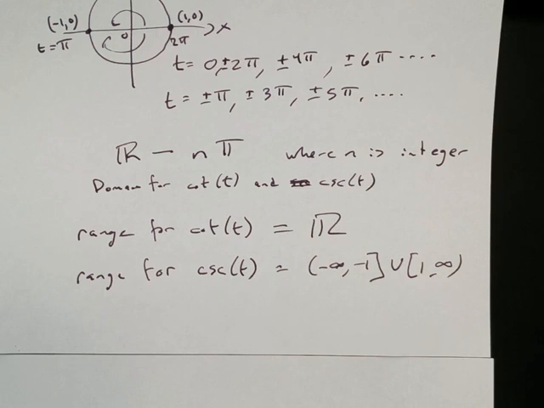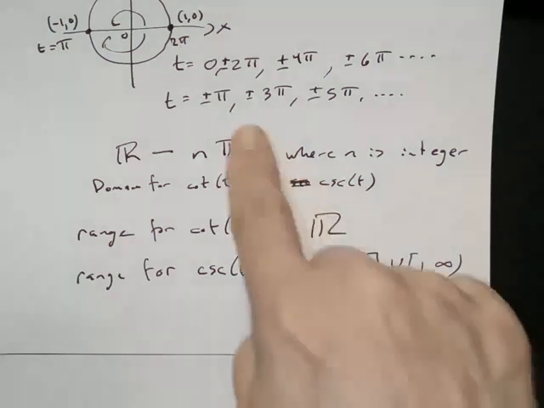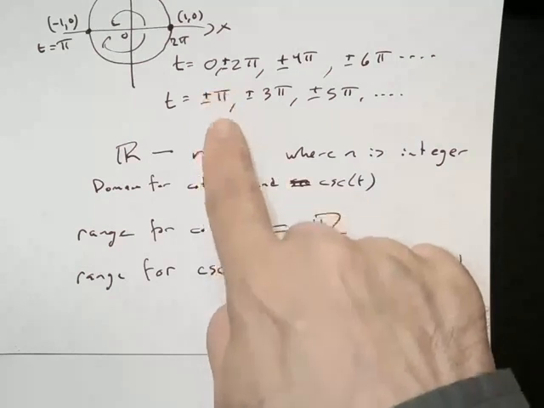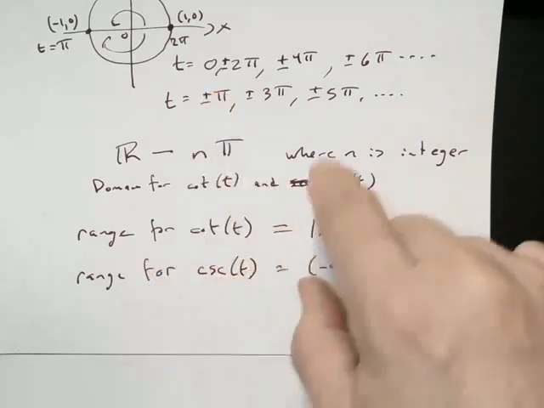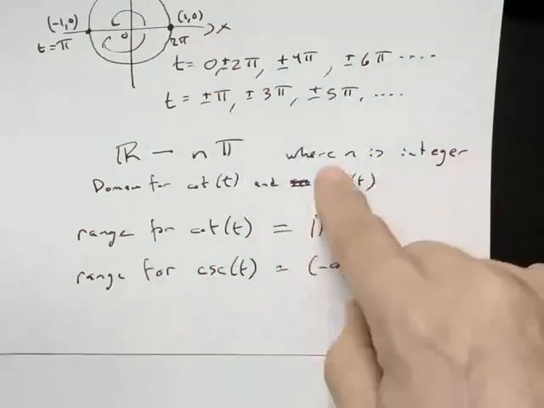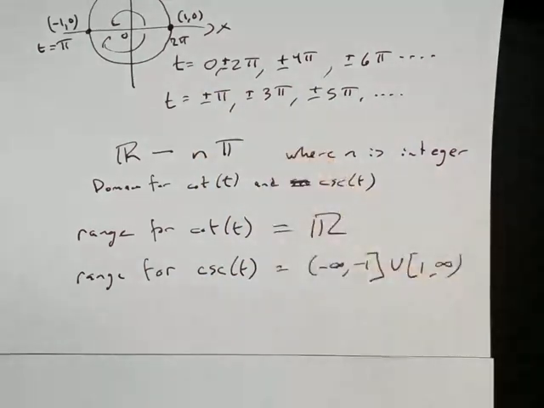When I did this one, that domain in particular, Dan, I kept running into a problem in my head. I kept saying, hey, look, it's broken at plus and minus pi. It's broken at 2 pi, plus and minus 3 pi.